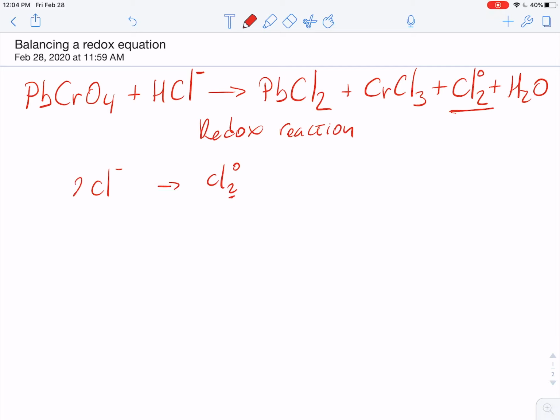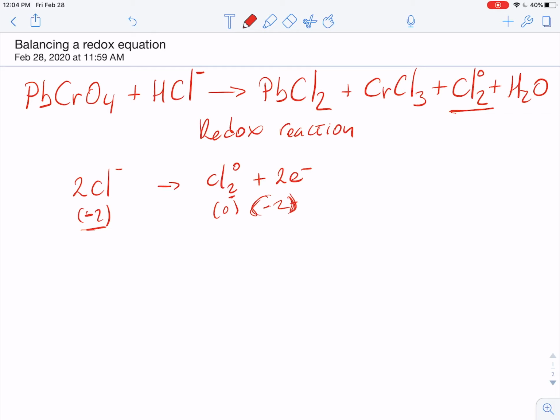Then you have to put two chlorines there to balance the atoms in that half reaction. So you have two negative charges here because you have two chlorines. You have 0 coming from chlorine here, so chlorine is actually losing 2 electrons total. If you have 2 minus on this side, you need -2 on the other side. Okay, so that takes care of the chlorine.